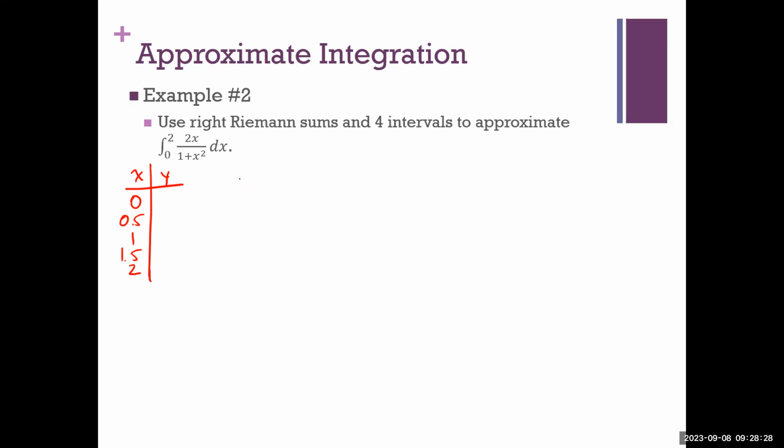So then how am I going to find my area this time? I still need to find an area that's built up of the sum of the area of 4 rectangles. But now, what 4 rectangles am I trying to find the area of? I want those 4 values starting at 0.5.